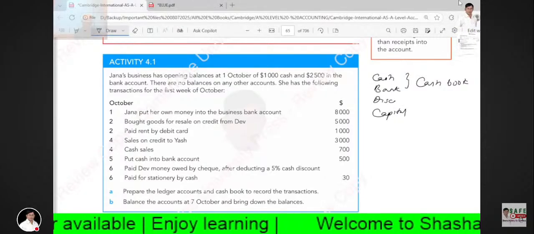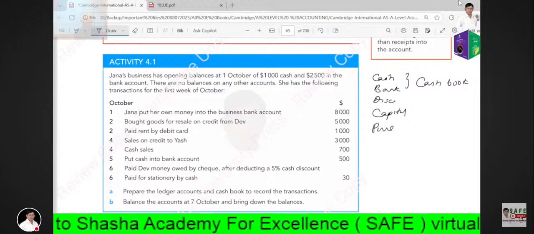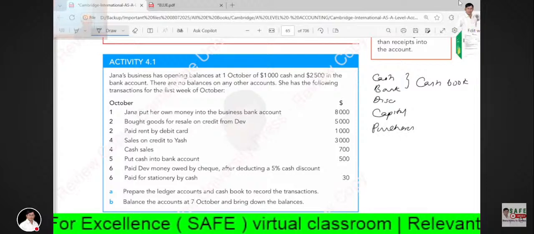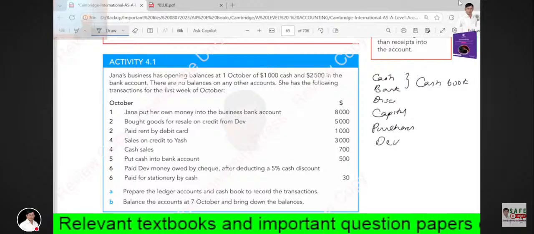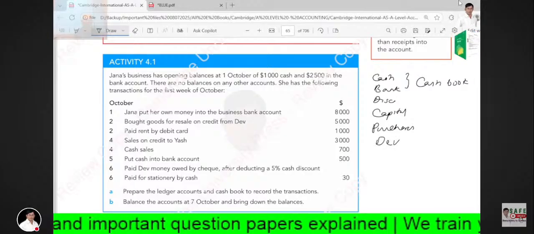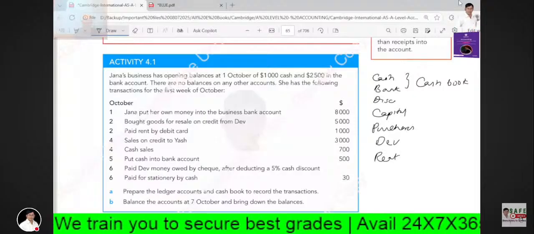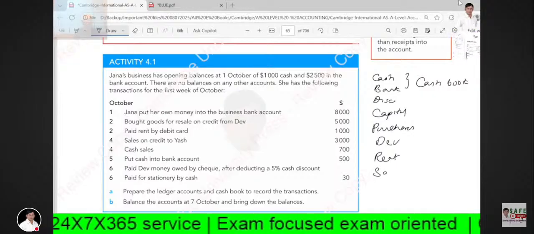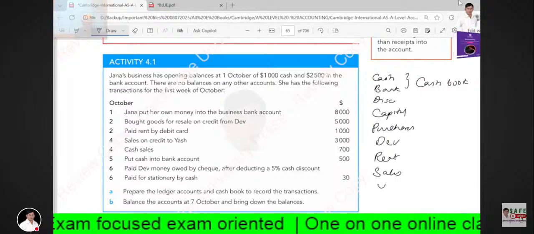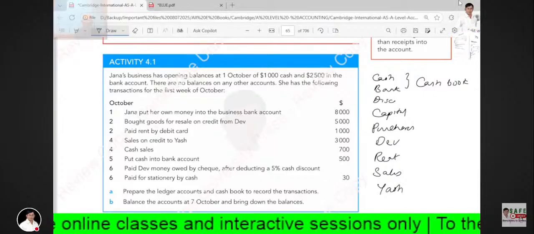Bought goods for resale on credit from Dev: purchases and Dev. Paid rent by debit card: rent account. Sales on credit to Yash: sales and Yash.